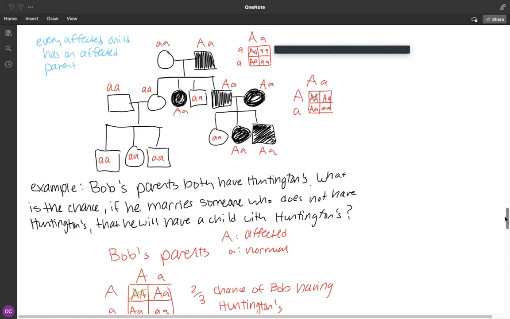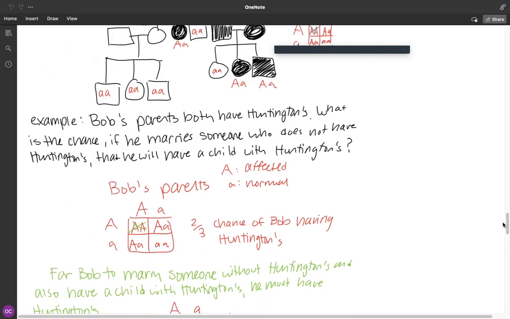It says Bob's parents both have Huntington's. What is the chance, if he marries someone who does not have Huntington's, that he will have a child with Huntington's? So remember, Huntington's is autosomal dominant. And so we know both of his parents have Huntington's. So that means that they have to both be heterozygous, because if they were homozygous dominant, they wouldn't be alive to have children.